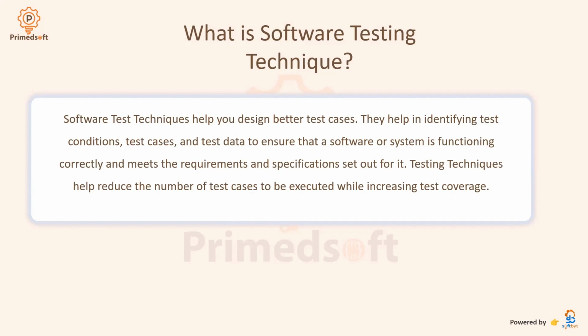So testing techniques help reduce the number of test cases to be executed while increasing what? Test coverage, right? So like I said, you can't test 18, 19, 20, 21 up until 70. So what you would do is use the appropriate test technique, which we will come into, and by the time we start doing it, you will understand it much better.